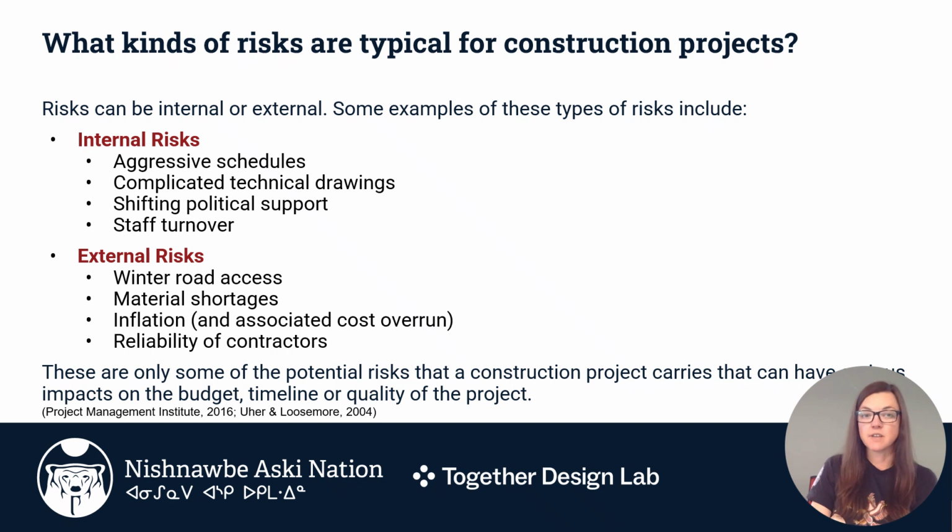Some external risks could include winter road access, material shortages, inflation and associated cost overruns, and the reliability of contractors. There are some potential risks that a construction project carries that can have major impacts on the budget, timeline, or the quality of the project.